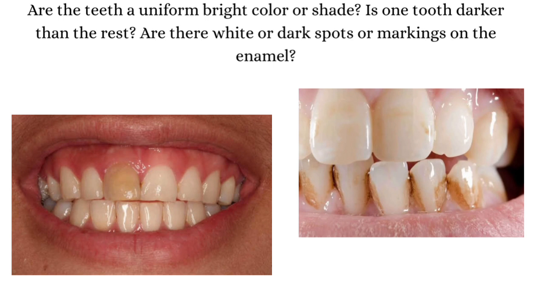Stains. Are there yellow, brown, or other colored stains on the teeth? These can come from coffee, tea, smoking, or poor cleaning. 4. Markings. Do you see white spots or dark spots on the surface of the teeth? White spots might mean early tooth decay or too much fluoride, while dark spots could be cavities.